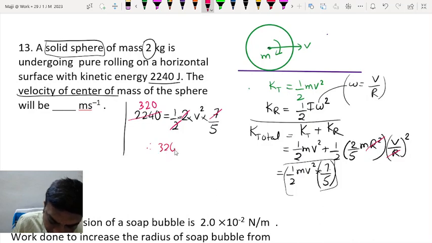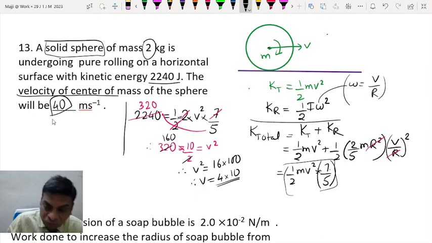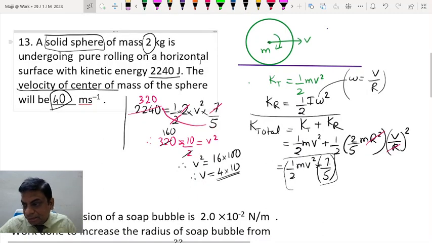Then 320 is equal to, this 5 goes up, 5 can be written as 10 by 2, is equal to v square. So 2 into 160 is 320. As you can see, v square is equal to 1600. It's a perfect square, students. So this will be 40 meters per second. 40 meters per second is the answer.